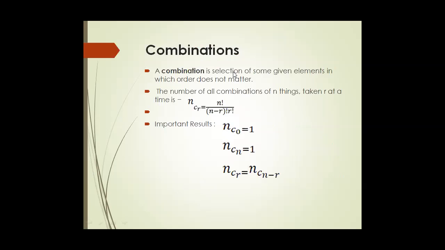The number of all combinations of n things taken r at a time is nCr, where nCr is n factorial divided by (n minus r) factorial into r factorial. nC0 is n factorial divided by n factorial into 0 factorial, which is 1. nCn is n factorial divided by 0 factorial into n factorial, which is 1.